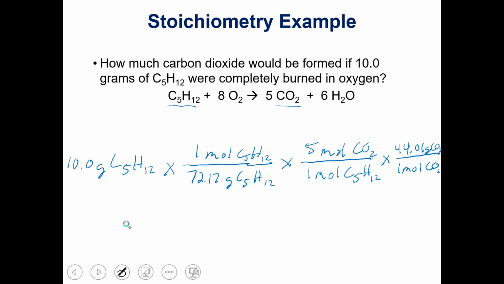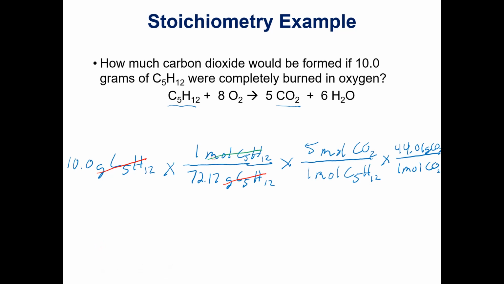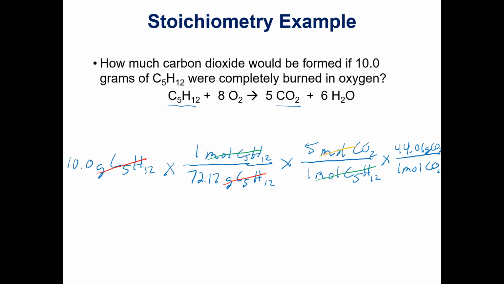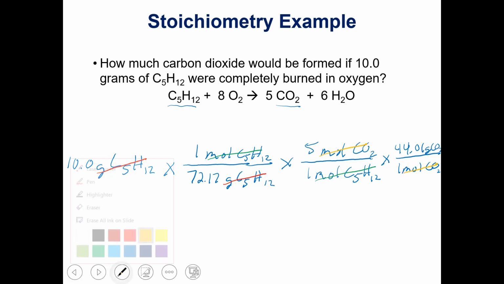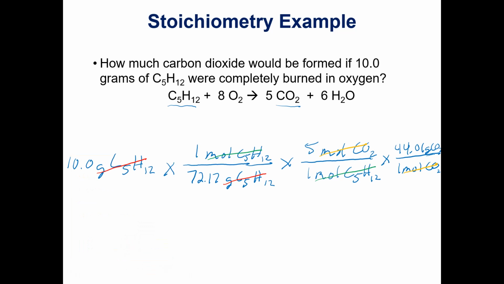So if we look at our conversion, grams of C5H12 cancels with grams of C5H12. Moles of C5H12 cancels with moles of C5H12. And moles of CO2 cancels with moles of CO2. And we're left with grams of CO2, which is what we're looking for.